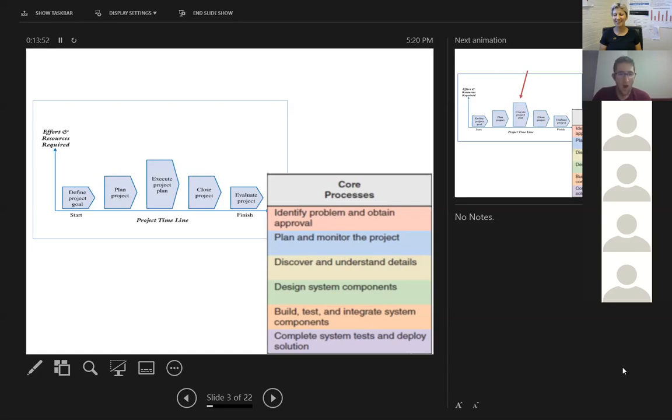Exactly. Yes. So during execution, that's when an information system is created or upgraded depending on the project. So that's when you would need to do analysis and design and build and test and all those things because you're delivering an information system. That's the purpose of an IT project. Some of you may say that, oh, I think in planning there would be some traces of SDLC. Yes, there could be. Why?